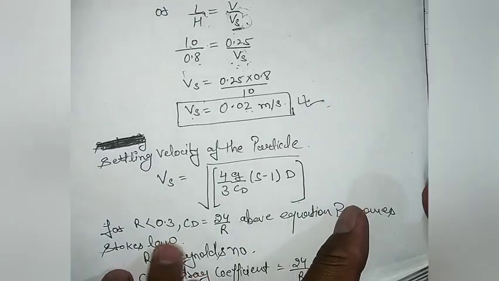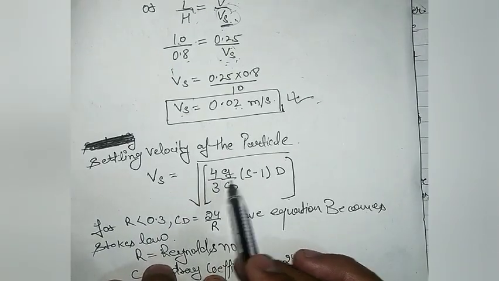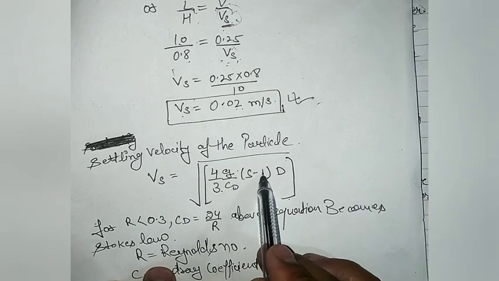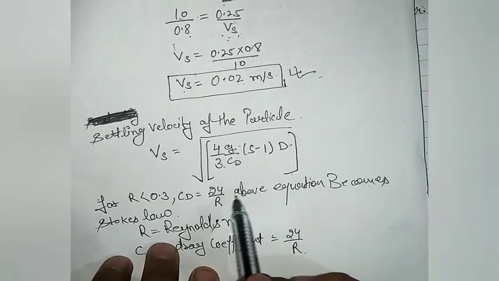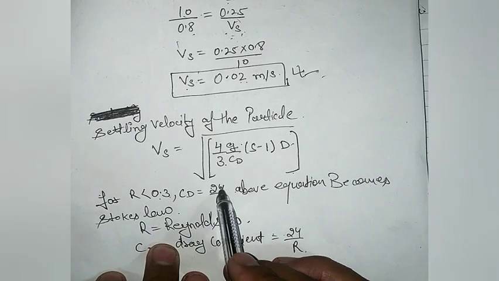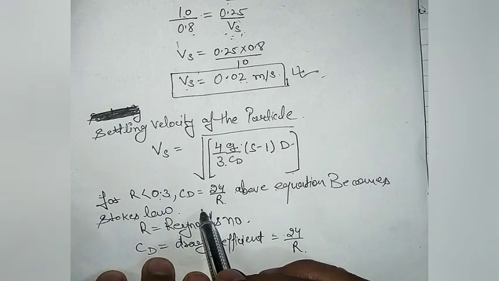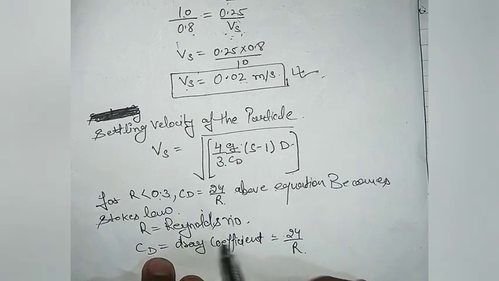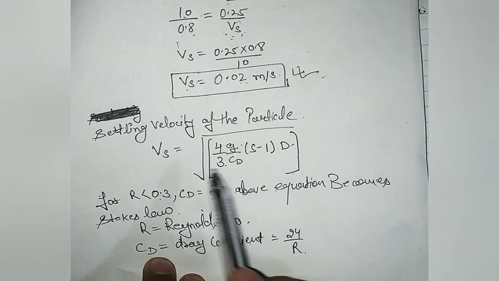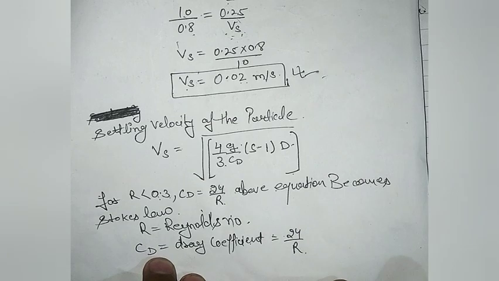Now the settling velocity of the particle is given by Vs equal to square root of 4 by 3 times g over CD times (S minus 1) times D. We have discussed it. For Reynolds number R less than 0.3, CD is 24 by R, so the above equation becomes Stokes law. R is the Reynolds number and CD is the drag coefficient. So let us take, for instance, R less than 0.3.